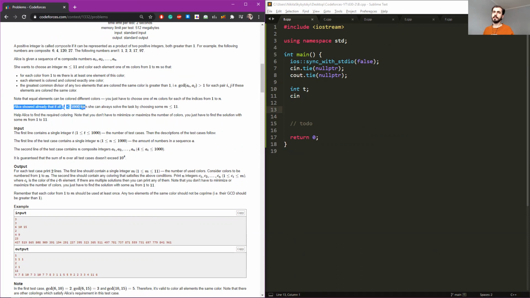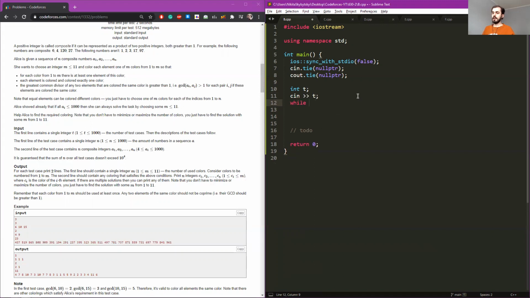Also show that if all a_i are less than or equal to 1,000, then she can always solve this task by choosing some m less or equal to 11. What? Yeah, I mean, we can write input while we are thinking about the problem.